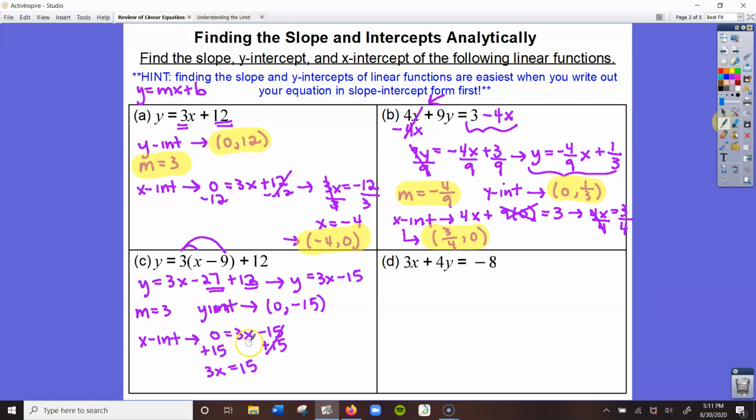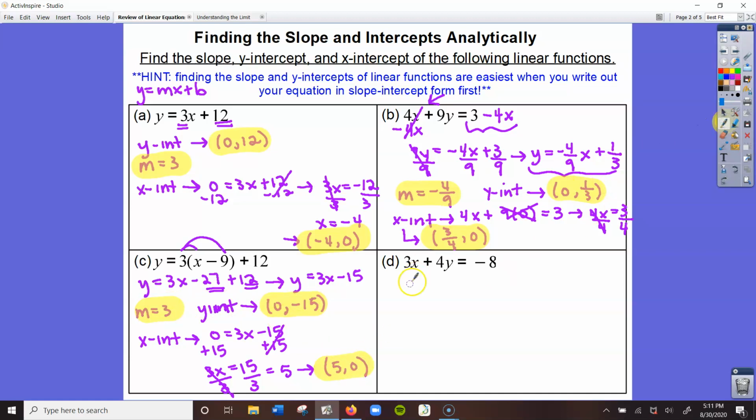Again, I just reversed the order here, but it's the same thing as if you wrote 15 is equal to 3x. Divide the 3, and we get that x is equal to 5. Therefore, the x-intercept is going to be 5, 0. So here are my solutions. Just going to highlight that.